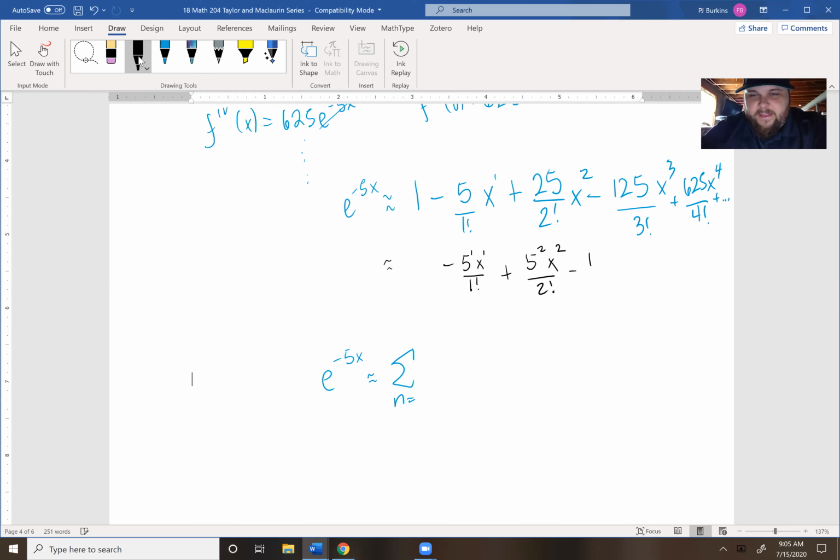We just have to rewrite them. And of course, this first term, 1, we can write as 5 to the 0, x to the 0 over 0 factorial.